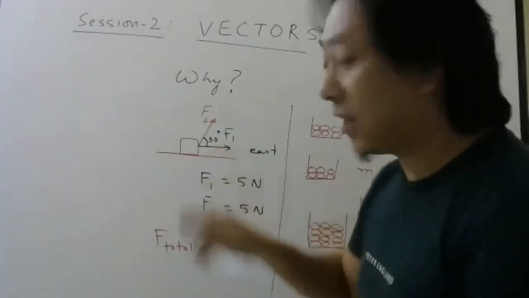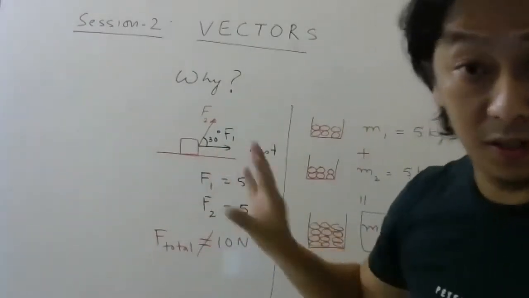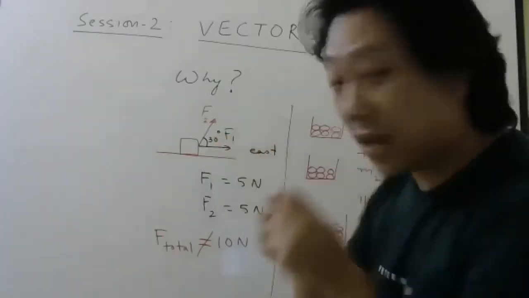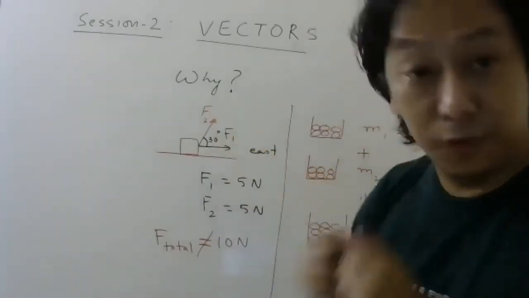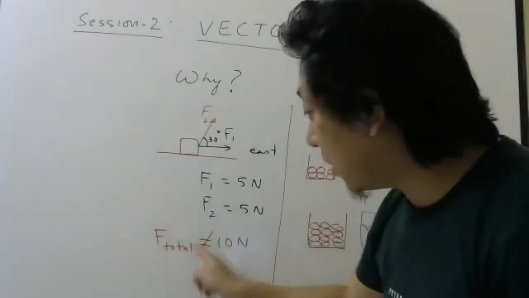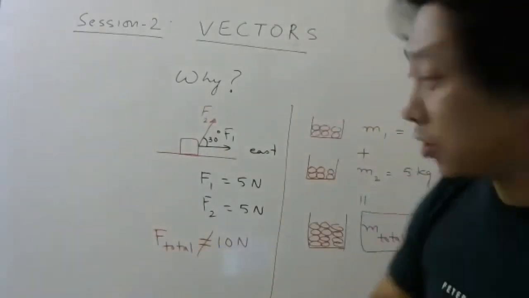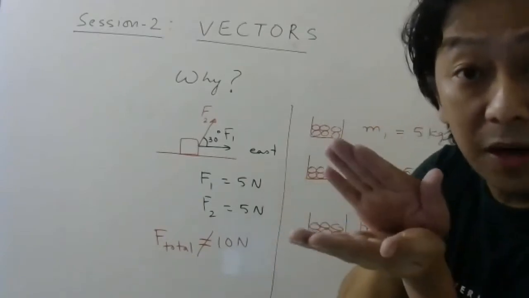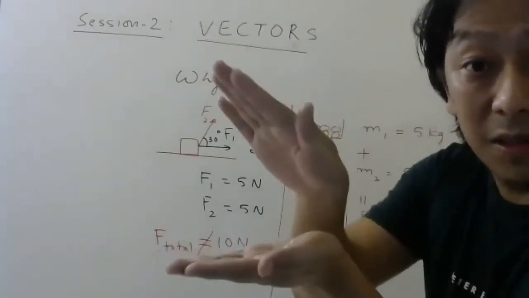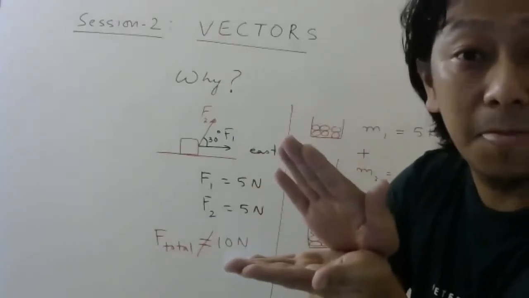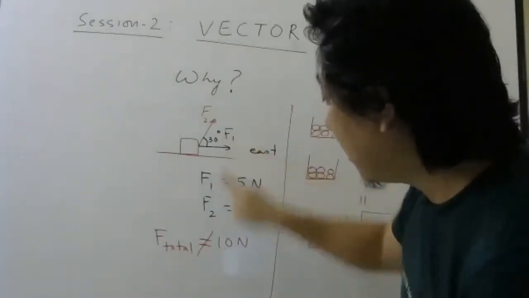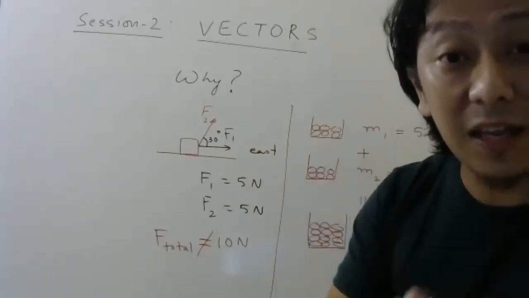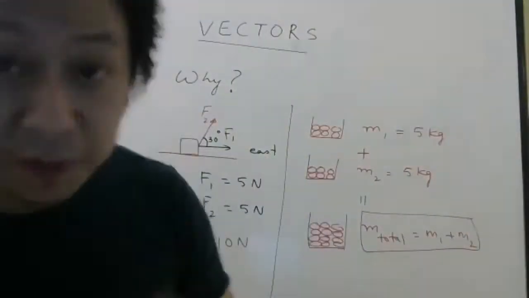But when we add certain quantities like force, and there are other examples also which I will give you, the value of the total force depends not only on the values of the two forces, but it also depends on the direction. That is, at what angle we are applying. Depending on that angle, the value will change. Therefore, the answer is not directly 10 Newton.